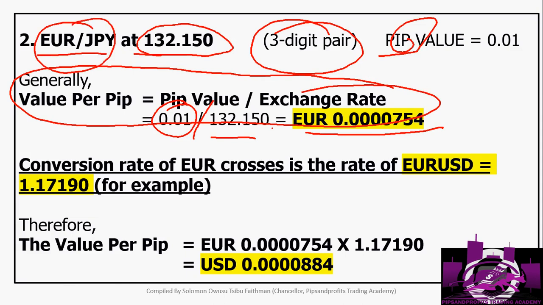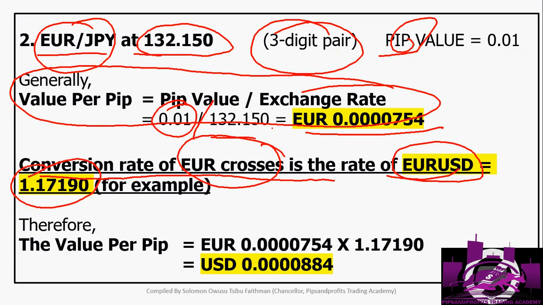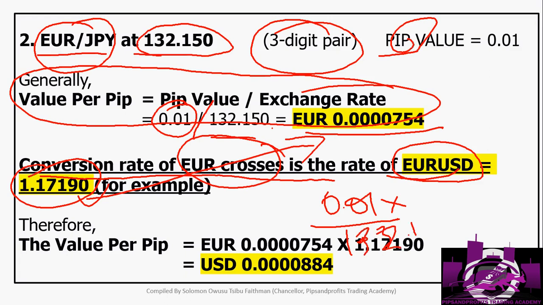And then after that, because it is a cross pair, there is a conversion. The conversion rate is the Euro cross. We are using Euro USD, and Euro USD was given to us as this. So we can multiply that by the answer we had over here. When you do it straightforward, you have the Pip value, 0.01, divided by the exchange rate 132.15.